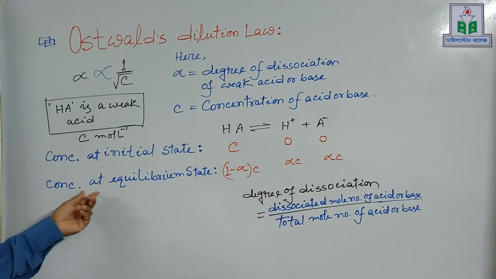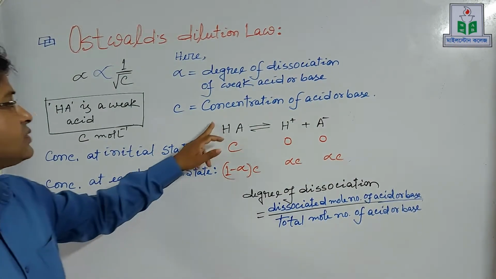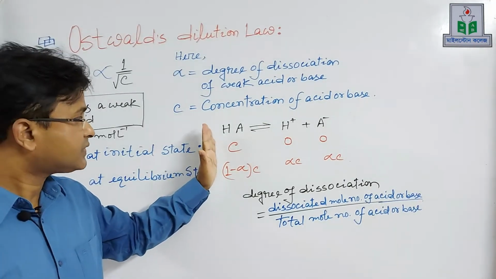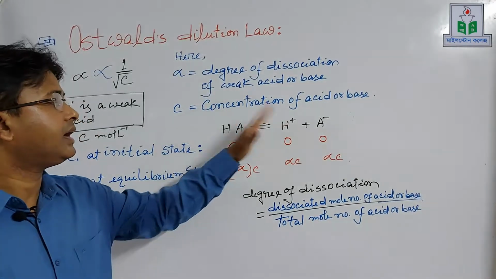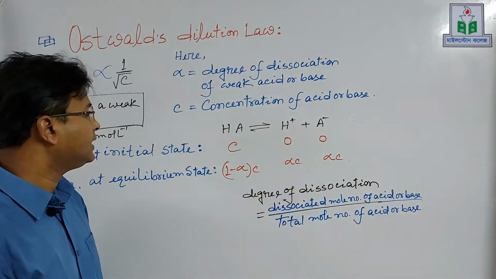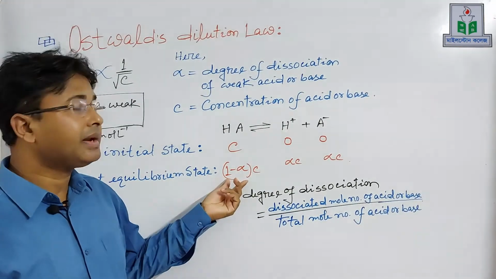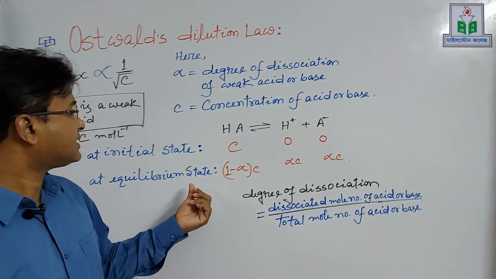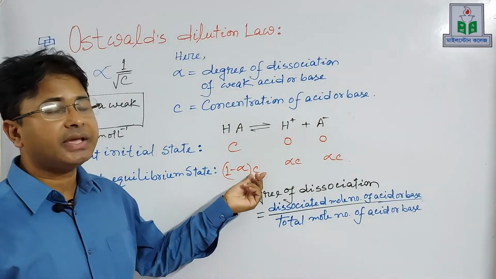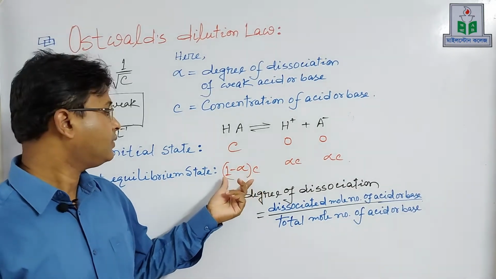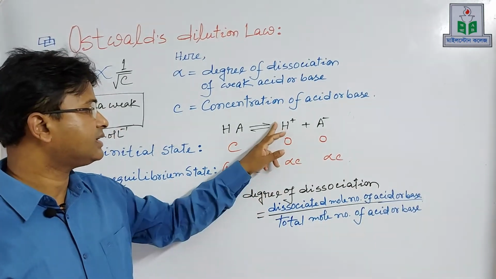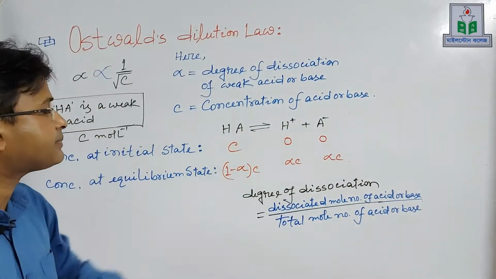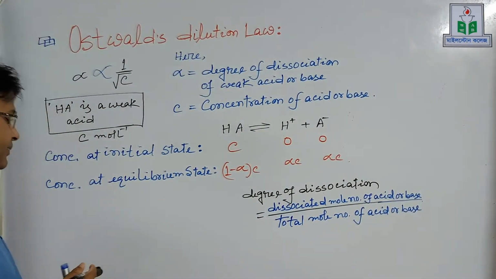The concentration at equilibrium: as it was 1 mole, and after transforming alpha to the products, the remaining mole is 1 minus alpha, and to get the concentration I have to multiply it by C, so 1 minus alpha into C. Here alpha C and alpha C are the concentrations of the products.